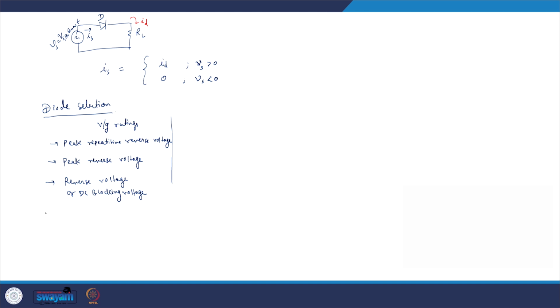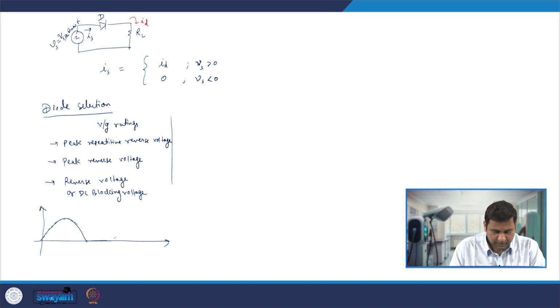Now if we try to understand the peak repetitive reverse voltage, let's say the cathode to anode voltage across the diode, I mean the reverse voltage across the diode, has a shape which is repetitive in nature. So this particular point is nothing but your peak repetitive reverse voltage, which is also defined as VRRM.